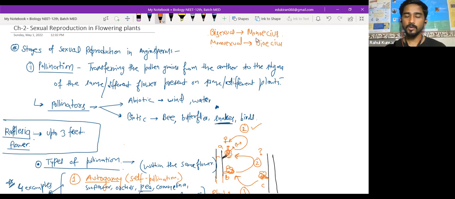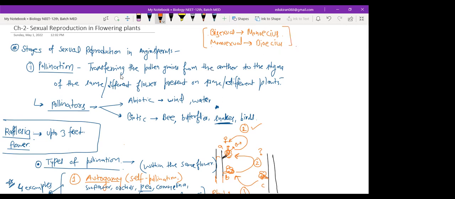There are developmental disorders in which a human can have both male and female reproductive organs, about which we will discuss in human reproduction, which we are going to start tomorrow. But the general rule is bisexual means both sexes present in the same body. It's bisexual monoecious and monosexual dioecious. Is it clear? Yes, sir.